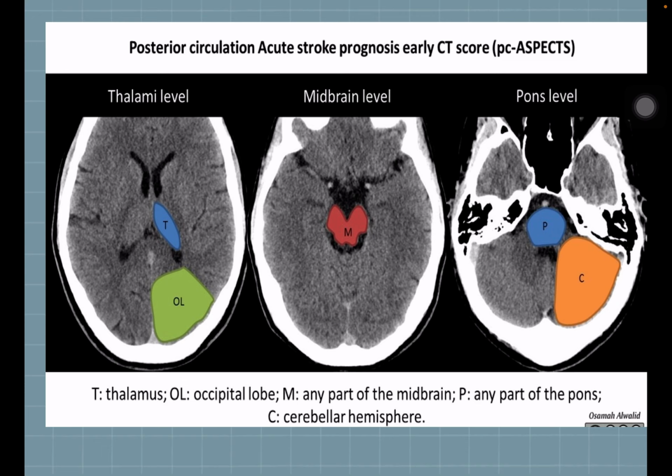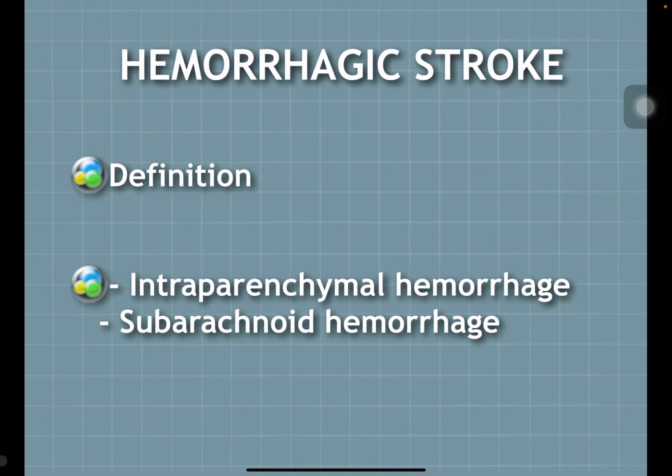Okay, next, hemorrhagic stroke. There is a compression of surrounding brain tissue secondary to accumulation of blood from a ruptured weak vessel. There are two types of hemorrhagic stroke, which are intraparenchymal hemorrhage and subarachnoid hemorrhage. That brings us to the next topic, which is intracranial bleed, ICB. Intracranial hemorrhage, or intracranial bleed, we can differentiate into intraaxial, a parenchymal bleed, or extraaxial, outside the brain parenchyma.